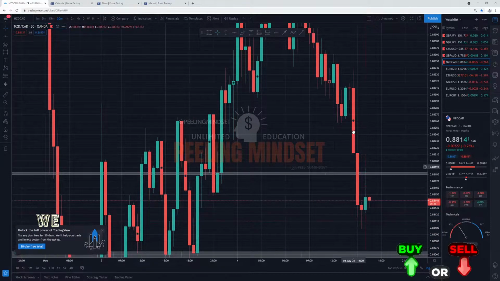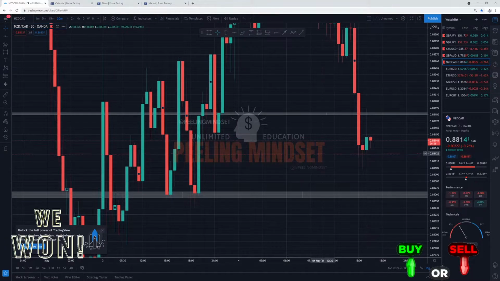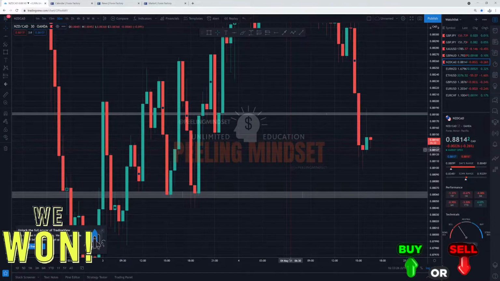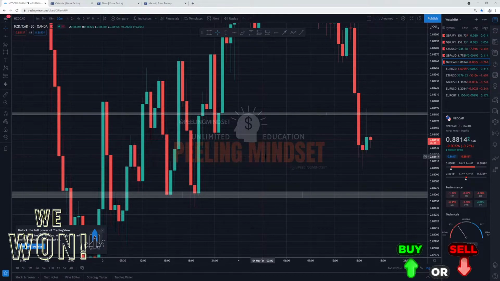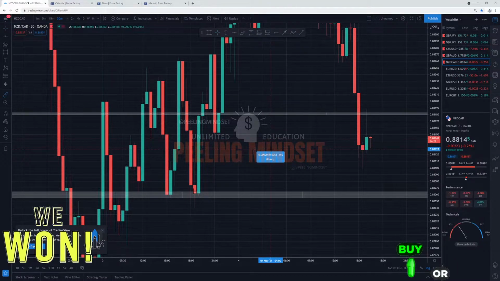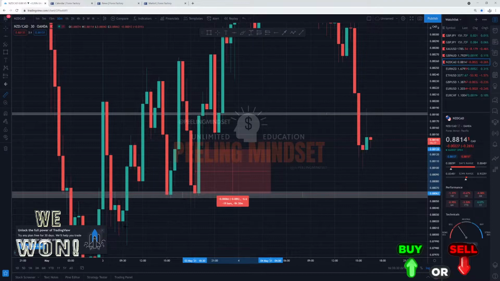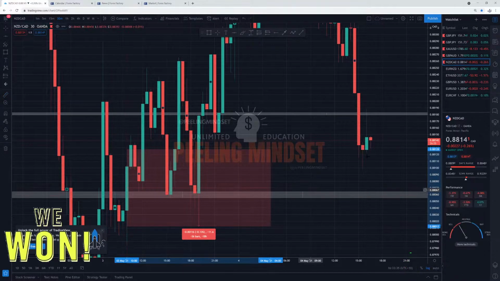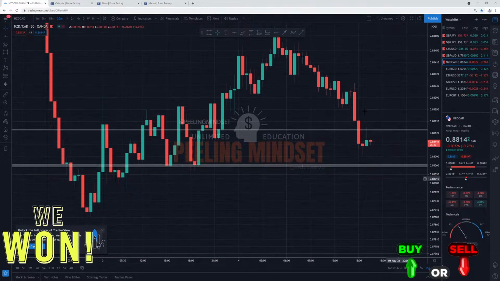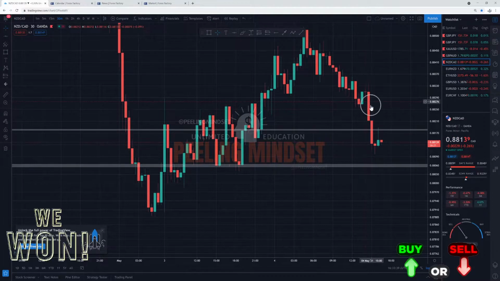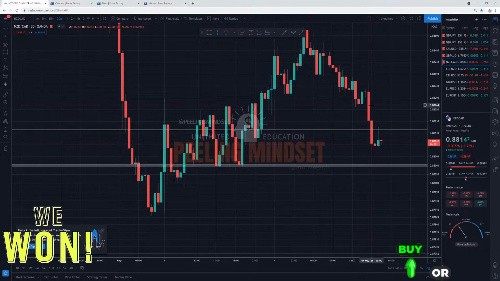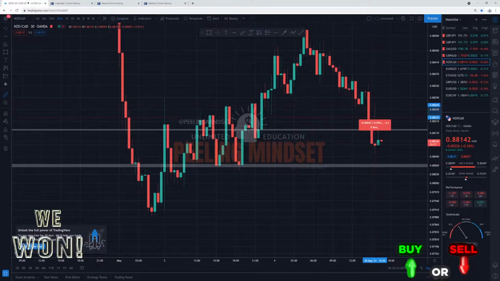When I look at my setup, it doesn't have enough range for me. It's only like 6 to 8 pips. Not enough for me. But in an overall sense, if you enter somewhere around here, that would be perfect.